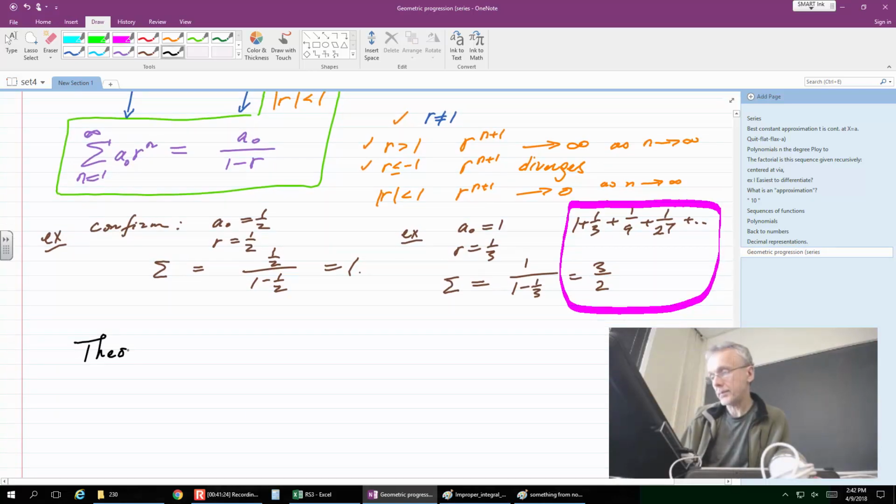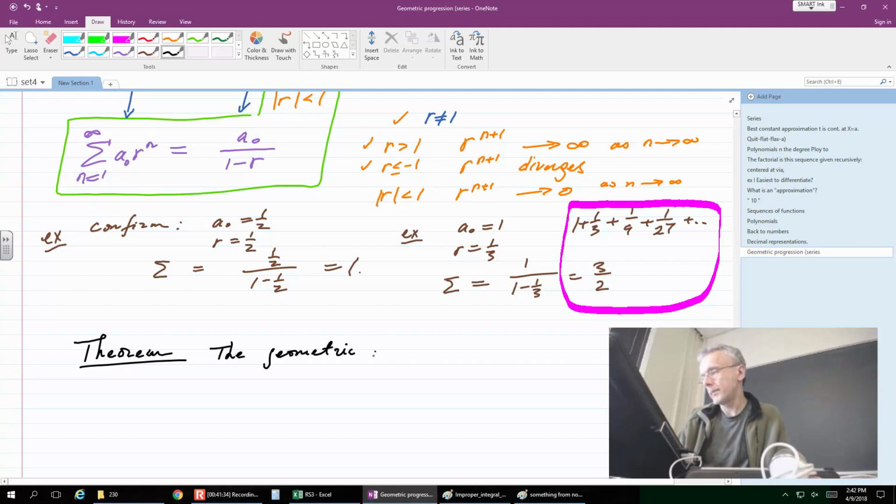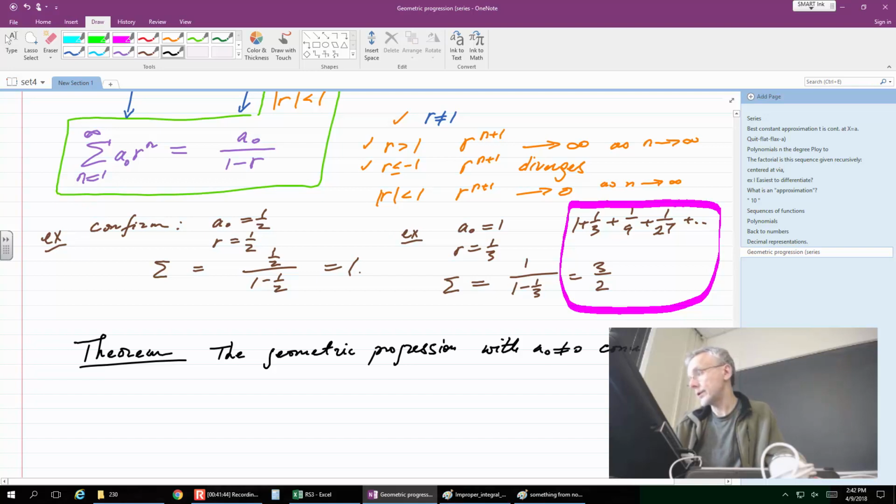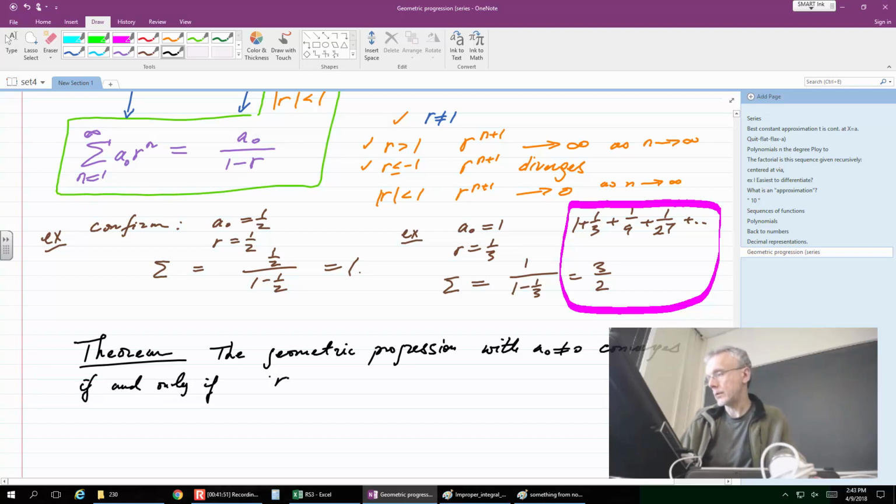So the theorem is: the geometric progression with A naught not equal to 0 converges if and only if the absolute value of the ratio is less than 1, and in that case, there's a formula.